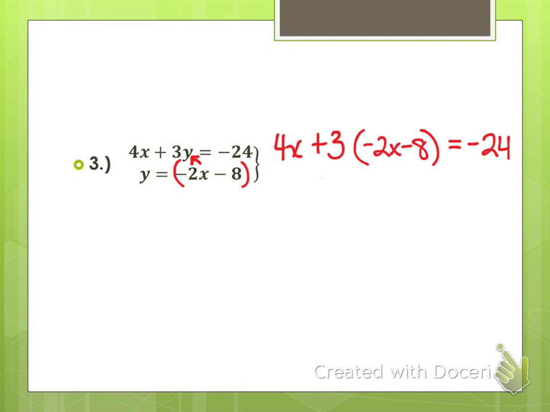Can anybody tell me what to do next? Can distribute what? Good. If you've got a number in front of those parentheses, it has to get distributed in. The 4x that's out in front is just going to stay 4x for now.